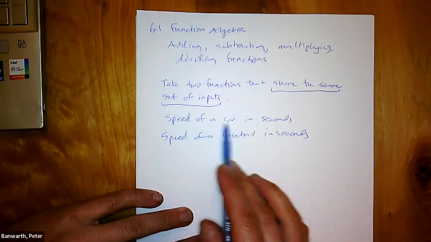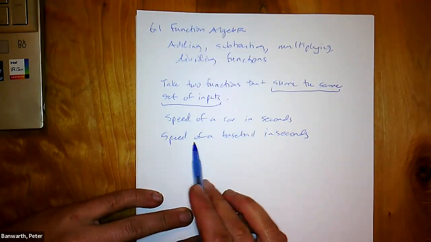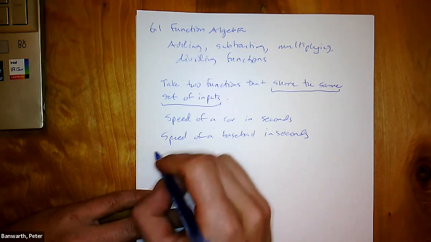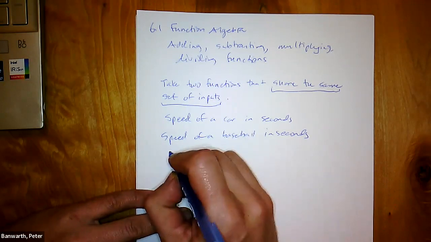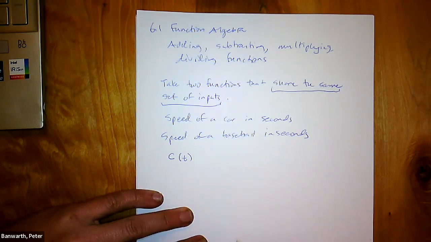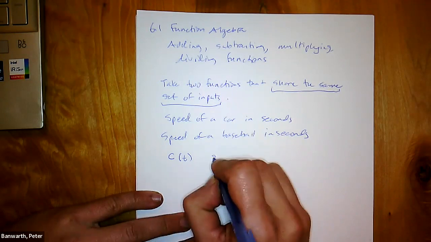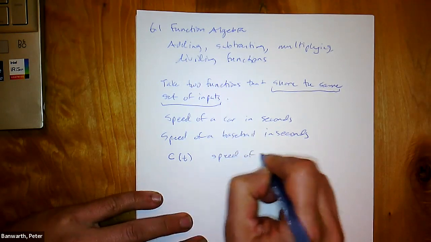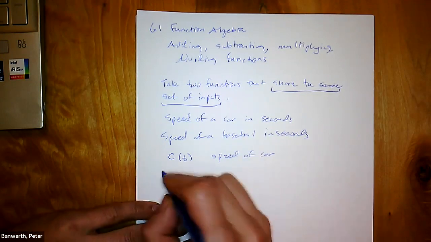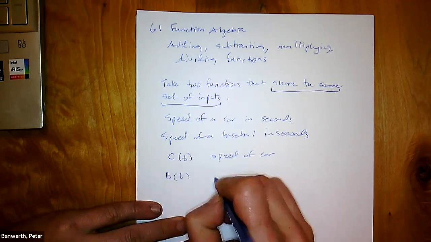I could measure the speed of a car in seconds, and I could measure the speed of a baseball in seconds. And let's call the speed of the car c of time t, and the speed of the baseball b of time t.